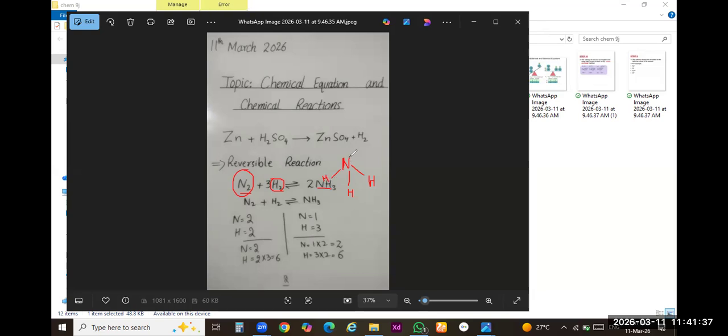So we will write it as NH3. The valencies will offset. Sorry, we will write this valency in the lower right corner like this. So the new chemical formula will be NH3. Clear? The new chemical formula is NH3.